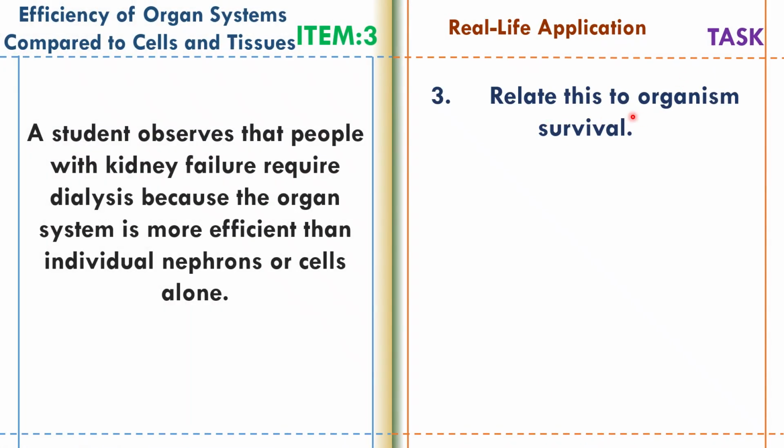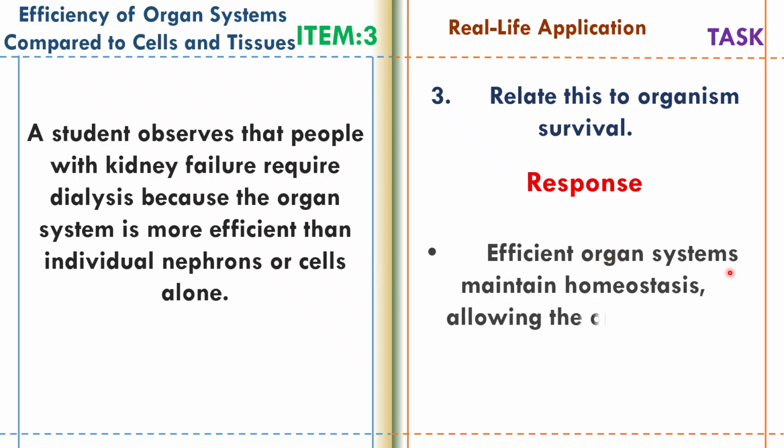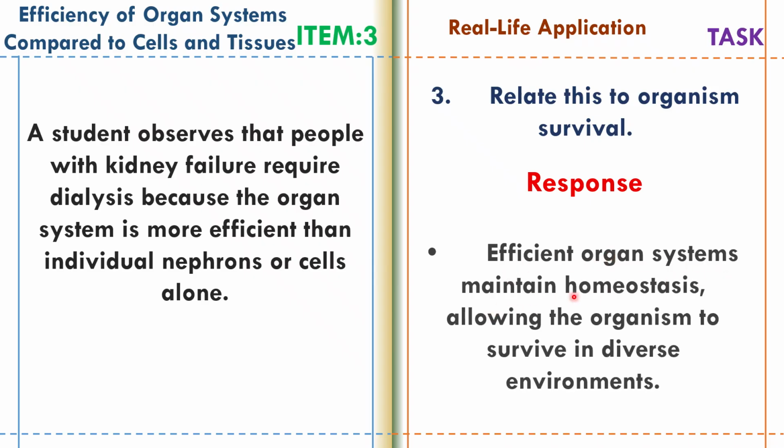Relate this to organism survival. Efficient organ systems maintain homeostasis, allowing the organism to survive in diverse environments.